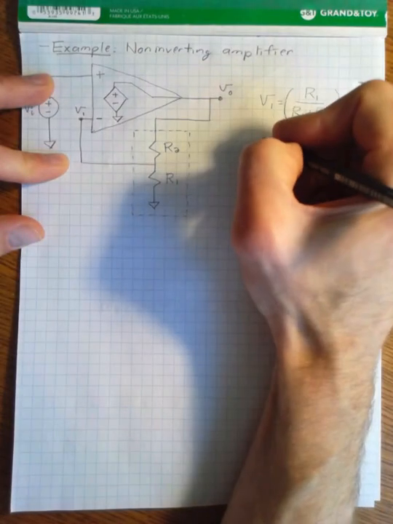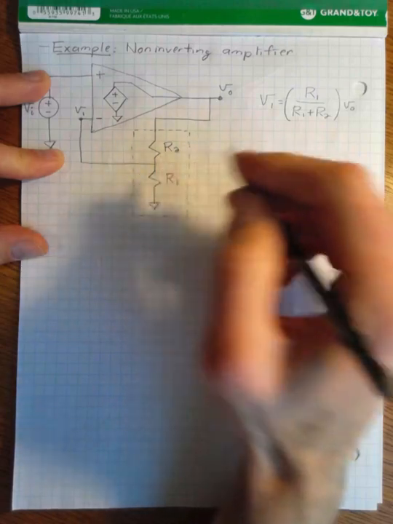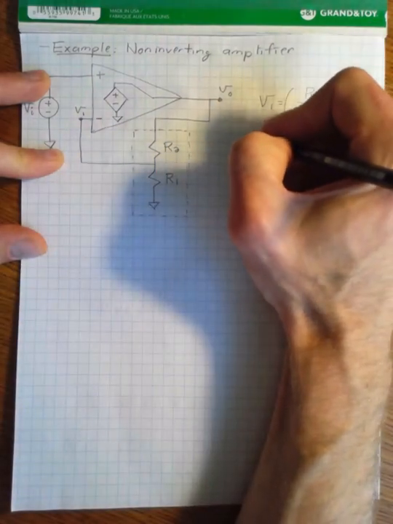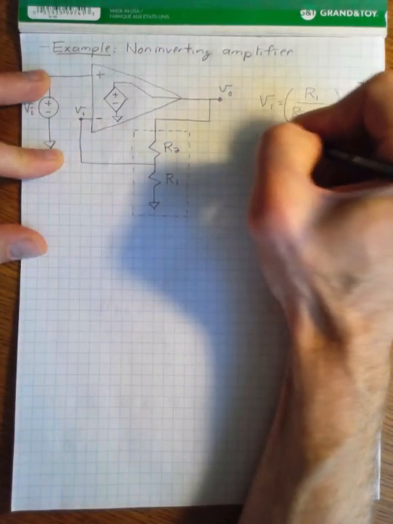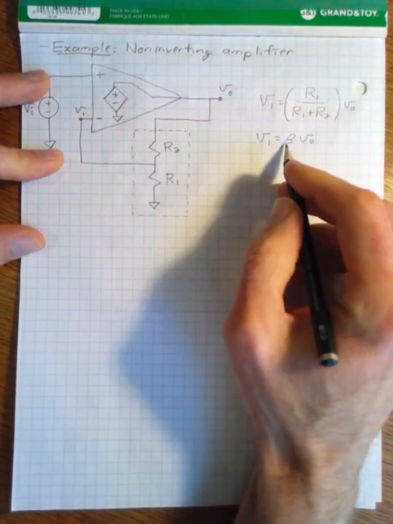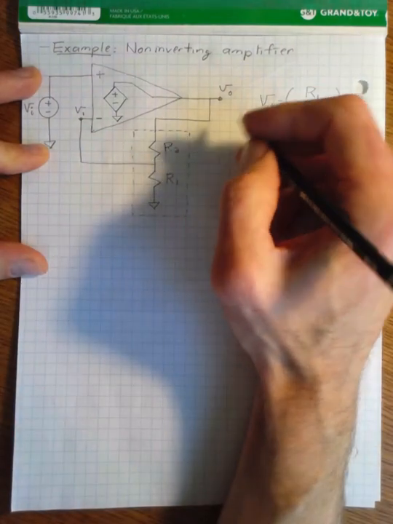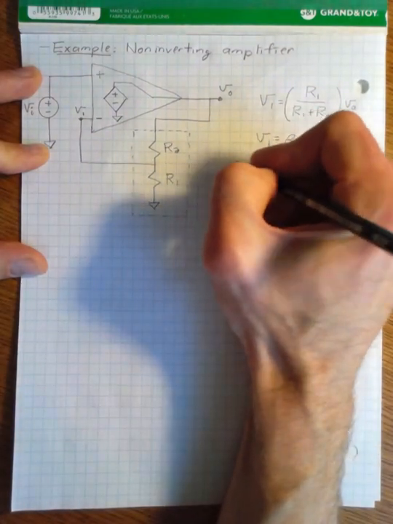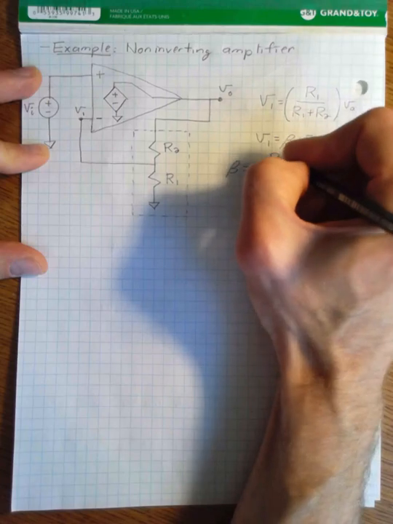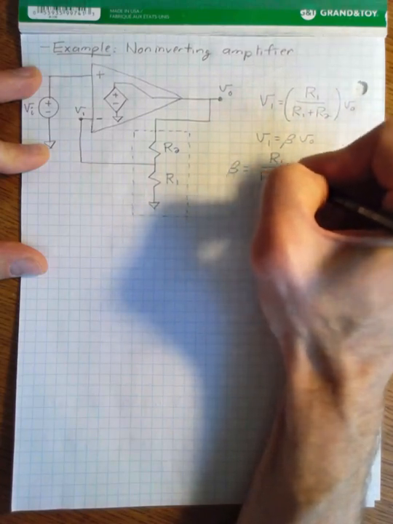That's just the voltage divider formula. We know from our feedback analysis that in our earlier equations, V1 is equal to beta times V naught, and beta is less than or equal to 1. And so in this case, this beta factor is just equal to R1 over R1 plus R2.